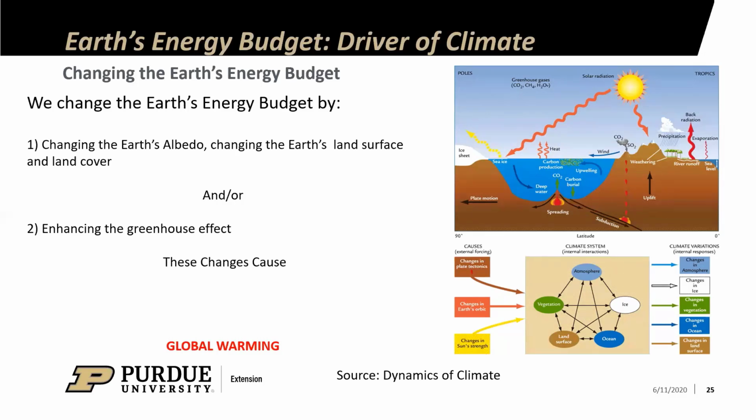It all changes the albedo a little bit, and we can enhance or detract from the greenhouse effect correspondingly. Generally speaking, humans have the tendency to change that albedo to absorb more radiation, darker surfaces, and as a result, we've got global average temperature increases, global warming.